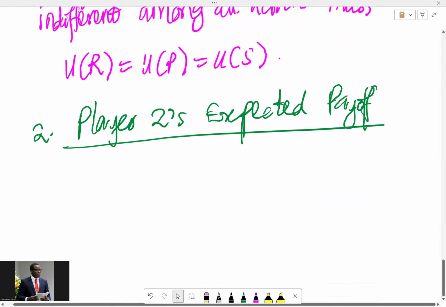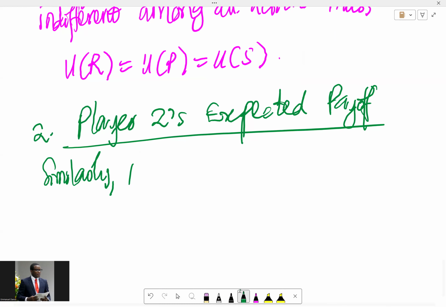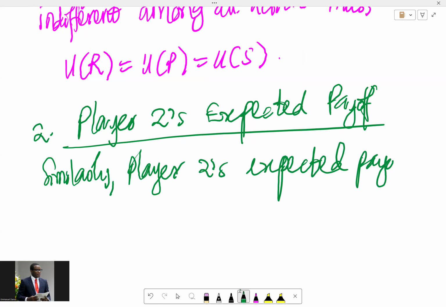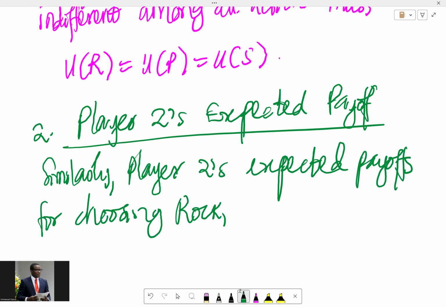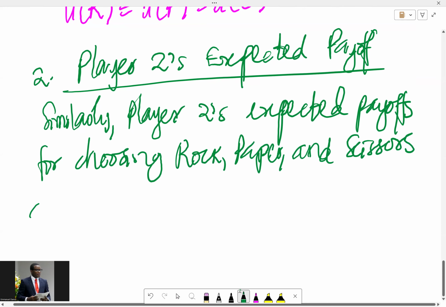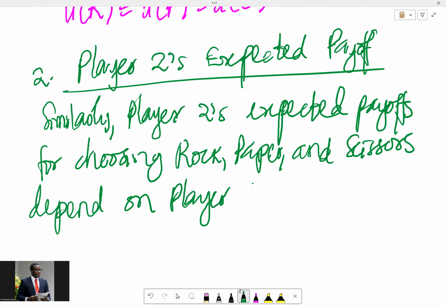So here now we say, similarly, player two's expected payoffs for choosing rock, paper, and scissors depend on player one's mixed strategy.